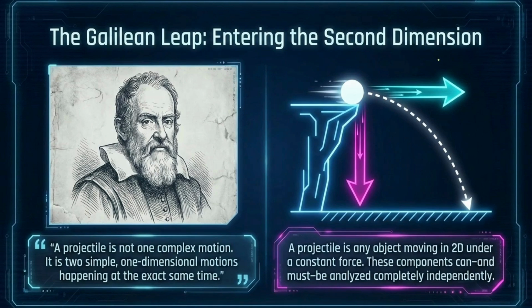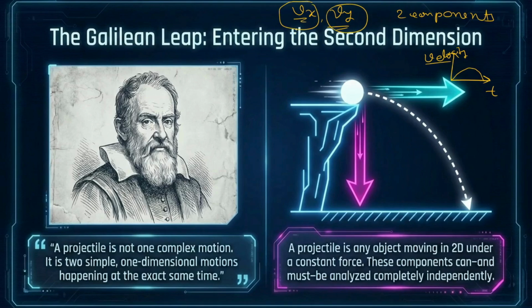So let's see what is going on in projectile motion. Let's suppose the coordinate system here is velocity, and this is about time. Now, if you have a trajectory like this, it gives you two components, Vx and Vy, meaning horizontal velocity and the vertical one.